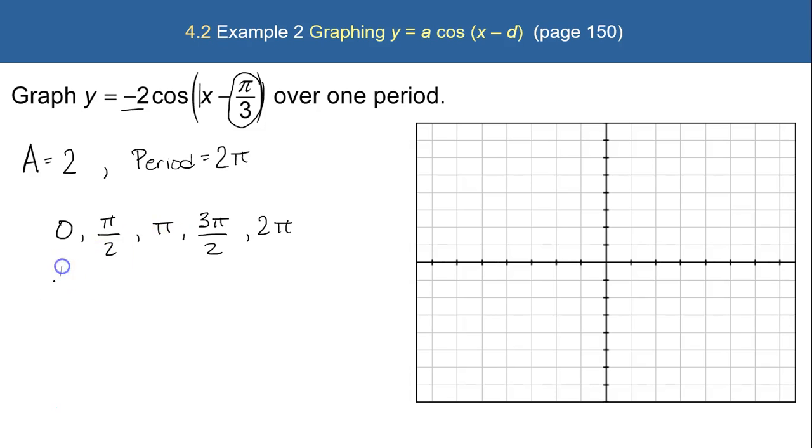Okay, so add pi over 3 to this, and then to this, and then here, here, and here by pi over 3.